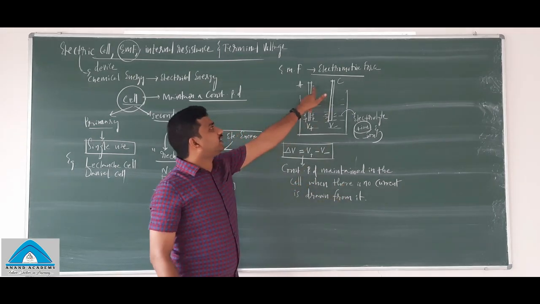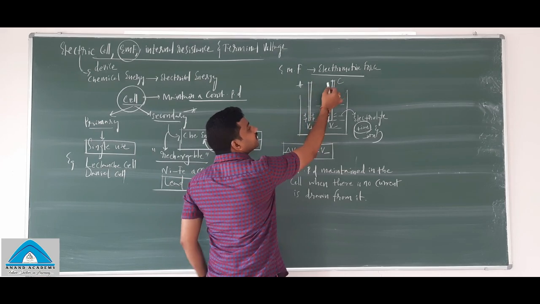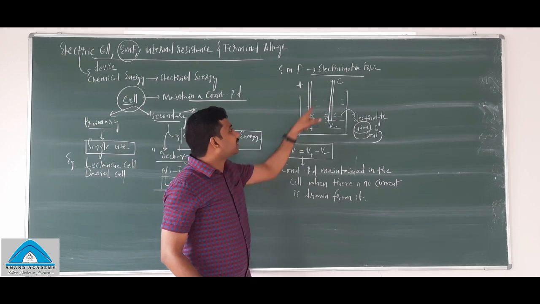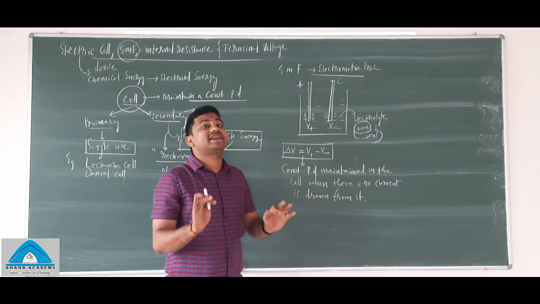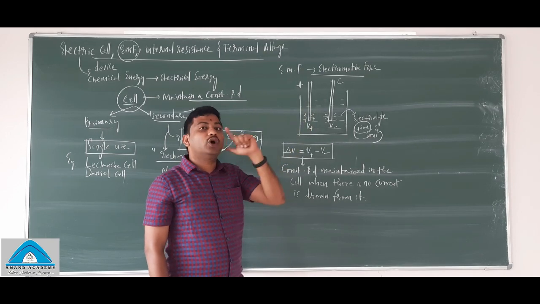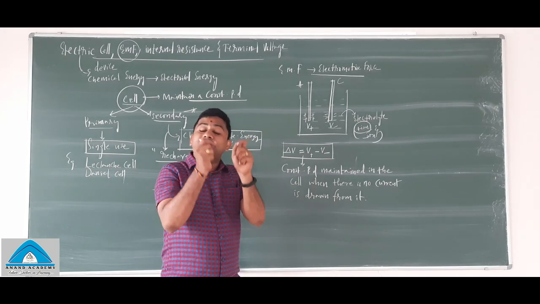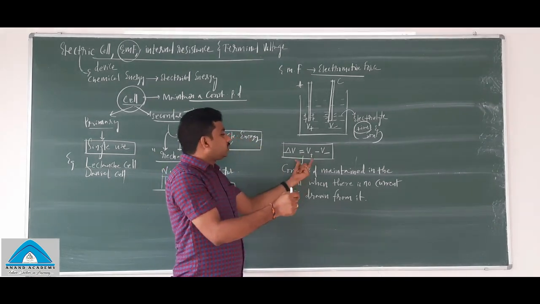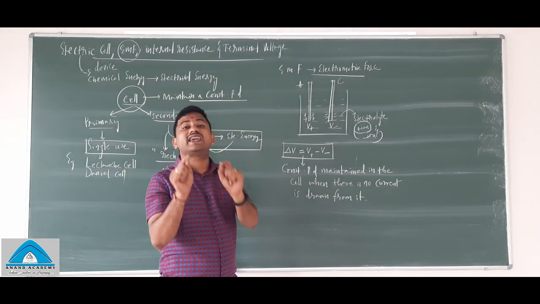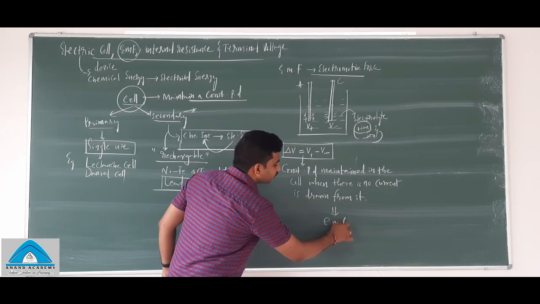When no current is drawn from it, you see, when you connect a conductor or a resistor here, there will be a current passing through it, because this is at high potential and this is at low potential, and the circuit will be completed. Here the circuit is not completed. So this is called the open circuit, right? We describe the concept called EMF only during the open circuit case. So this is called electromotive force.